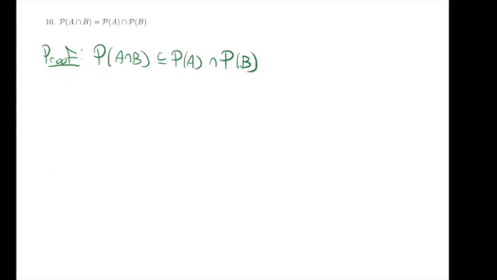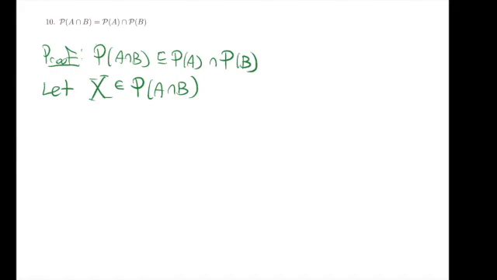So if I want to prove set inclusion this way, now we're going to take an element in the power set. If it's not clear, we typically use capital letters for sets and lowercase letters for elements in the set.